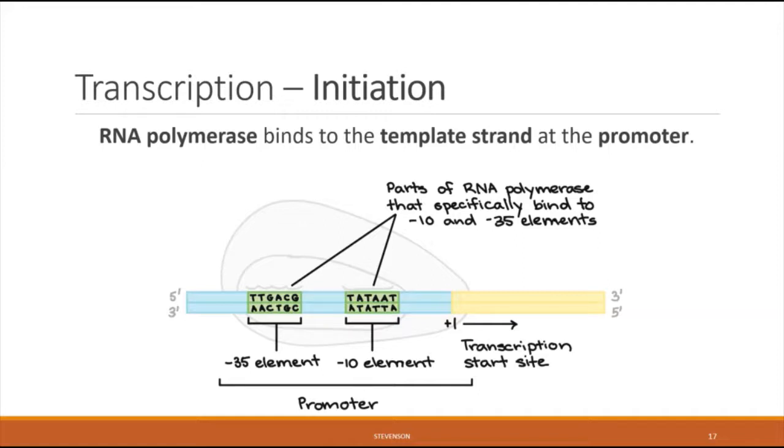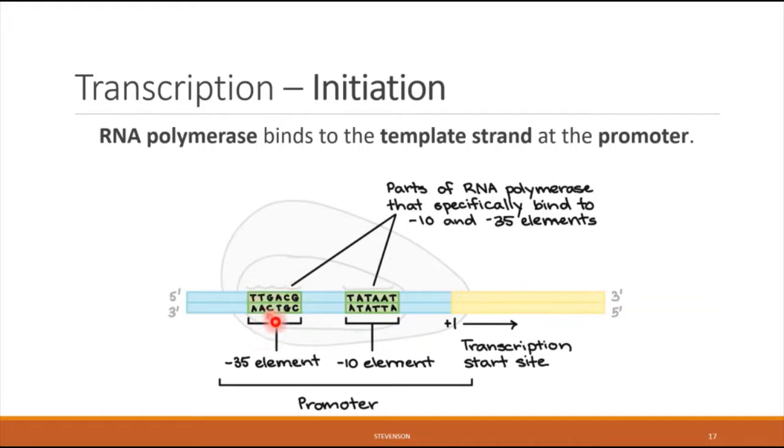So RNA polymerase will attach itself to the promoter, which remember is the little piece of DNA at the beginning which says the gene is about to start. And RNA polymerase is able to identify the promoter because the promoter always has these specific little sequences of letters in it which indicate that it is indeed a promoter.